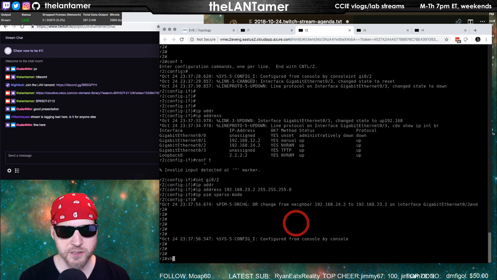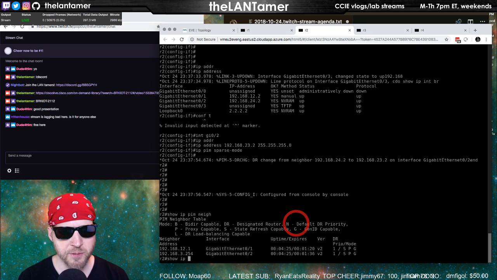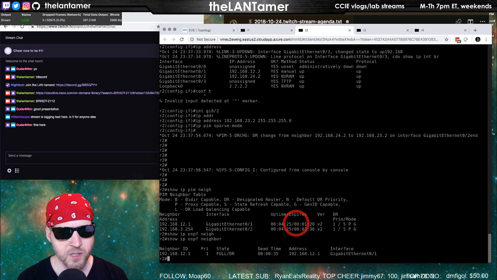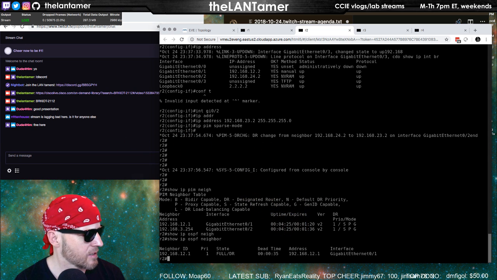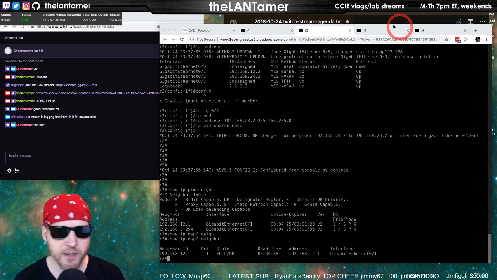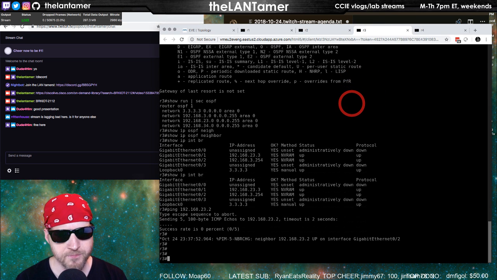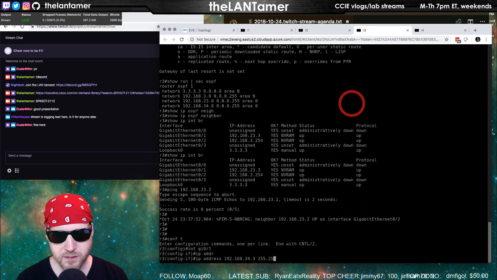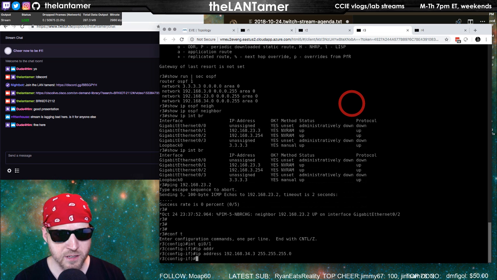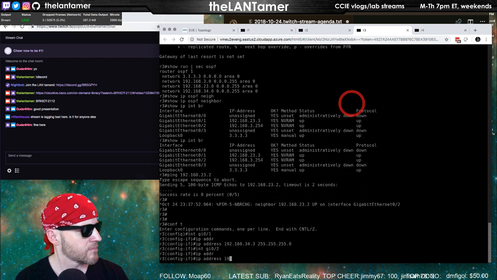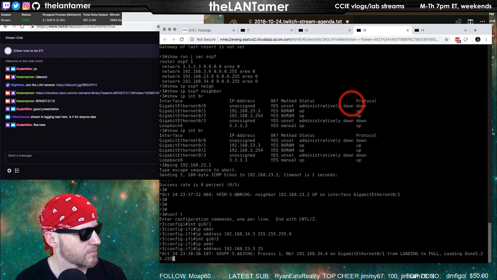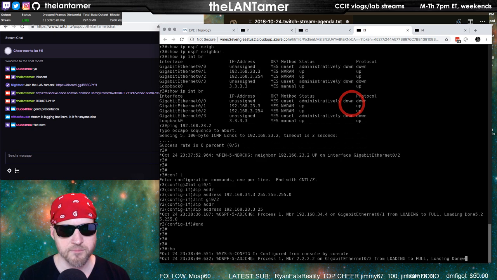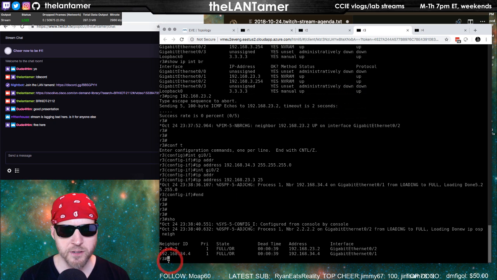Okay. DR from the, all right, show IP PIM neighbor. Show IP OSPF neighbor. All right, waiting on 3 to come around. So router 3, I think we have also. Yeah, that's wrong. Interface Gi0/1, IP address. And interface 02. There we go.